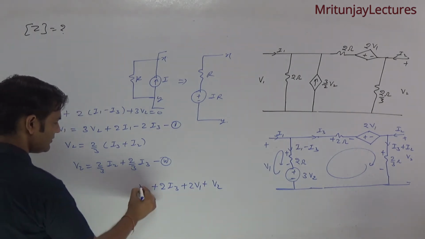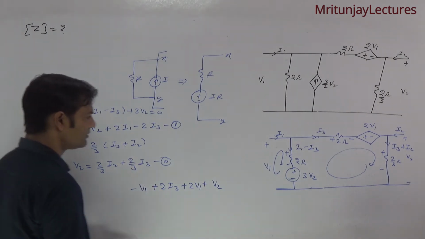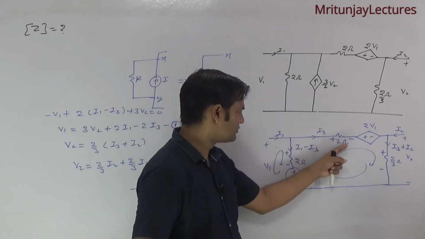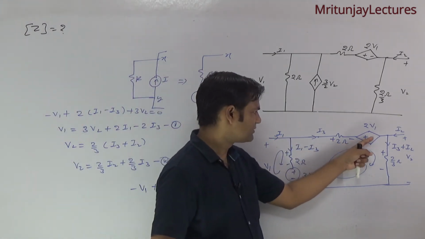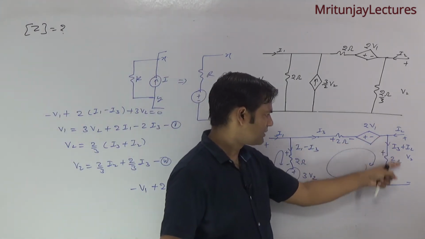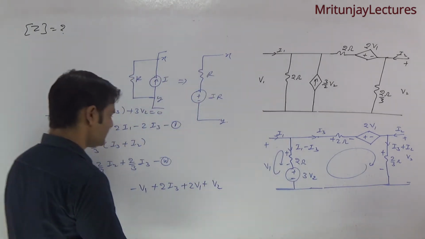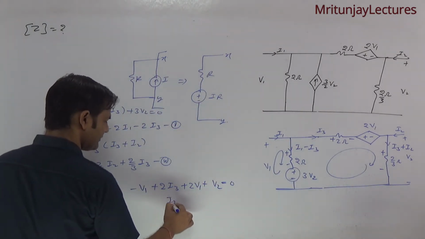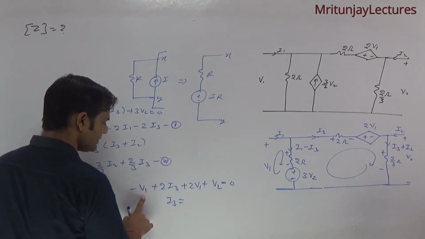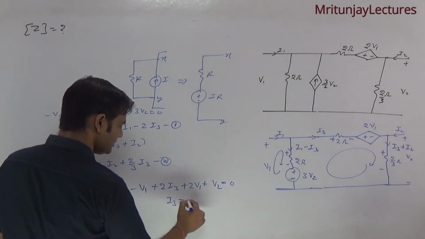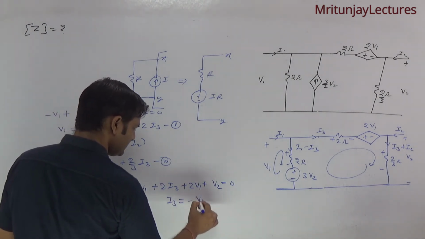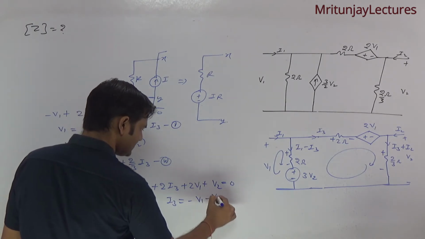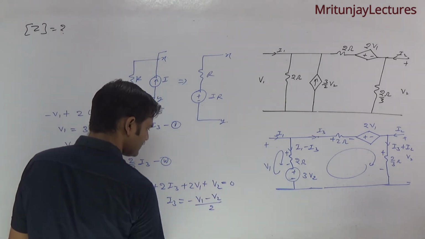Very simple. Minus V1 plus 2 I3 plus 2 V1 plus V2 will be equal to 0. So what about I3? I3 is minus V1 minus V2 by 2.